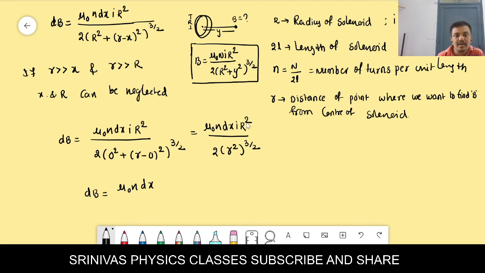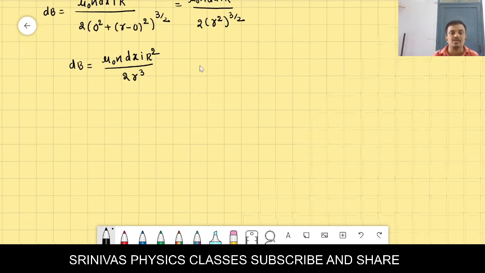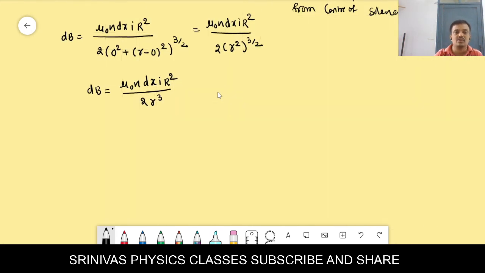Now mu naught n dx into I r square by 2 into r square whole power 3 by 2 is r cube, right? This is the magnetic field due to the small part only. I want the magnetic field due to the total solenoid, right? We are taking the small part on the solenoid.